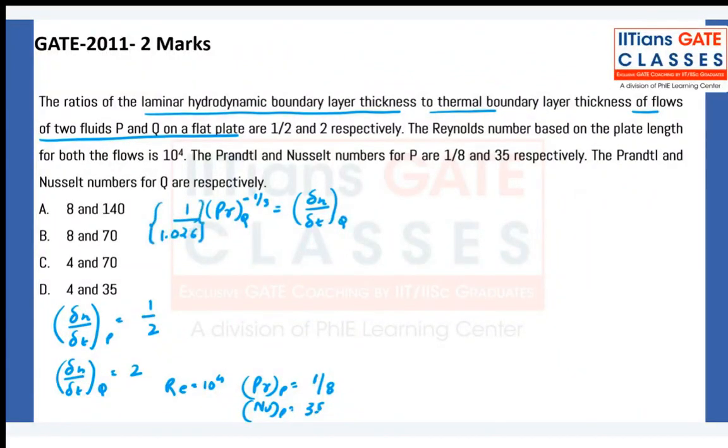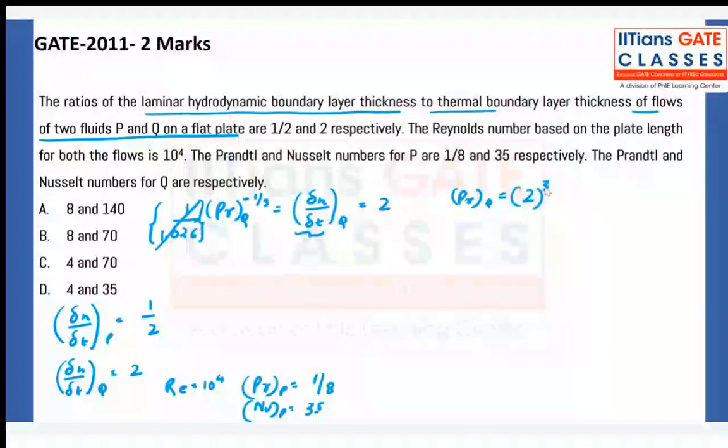So we do not need this. It is Prandtl number to the power minus 1 by 3. Now this is given to me. This is equal to 2. So Prandtl number of Q is equal to 2 to the power 3.